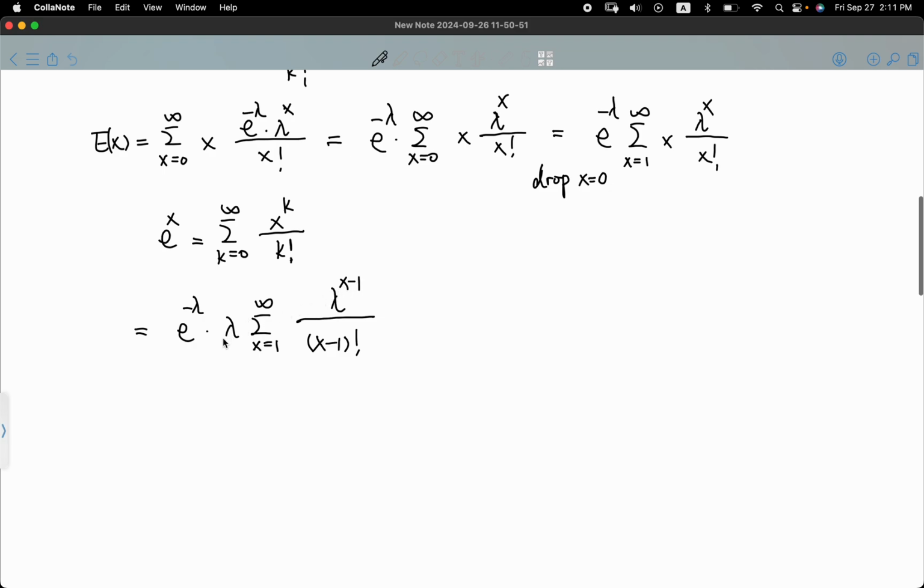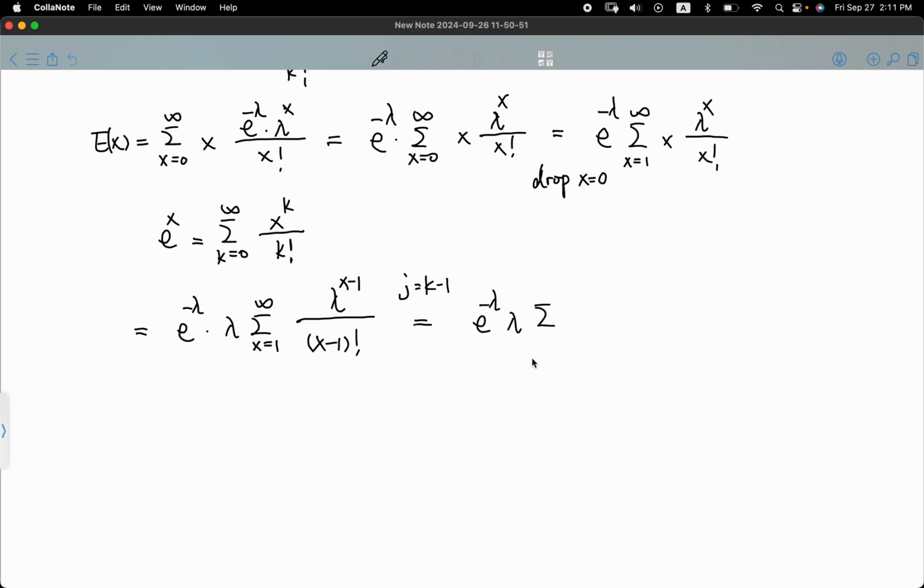So we can bring one copy of that, and now you can recognize that this is very close to this formulation, except that our index is starting from 1 to infinity, and also we have x minus 1 here. But we can make a change of notation by letting j equal to x minus 1, and then you have the following.